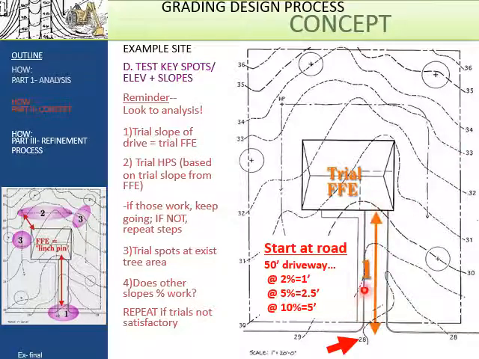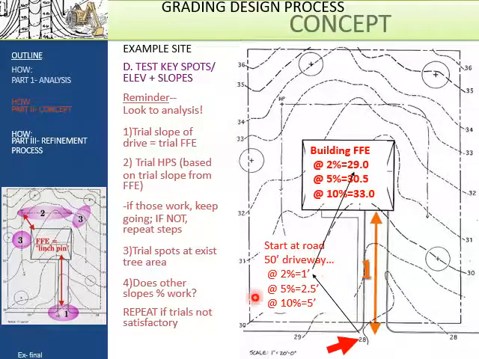So if we say that that's 50 feet long, we know what kind of change in elevation we're going to have from the 28 going up to the finished floor elevation for all three different trial slopes. So we can say, let's try the driveway at 2%, that would be a 1 foot change in elevation. Let's try it at 5%, that would be a 2.5 foot change in elevation. Let's try it at 10%, that would be a 5 foot change in elevation. Now we're going to keep all three of these for now because we're not sure what we want yet.